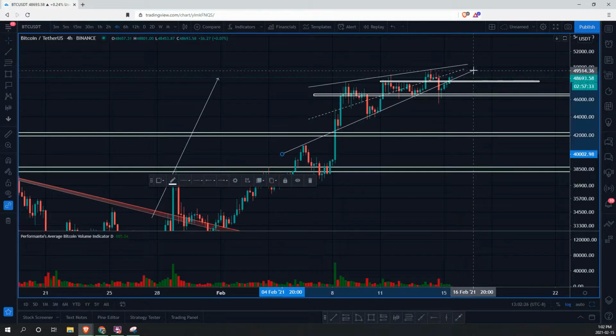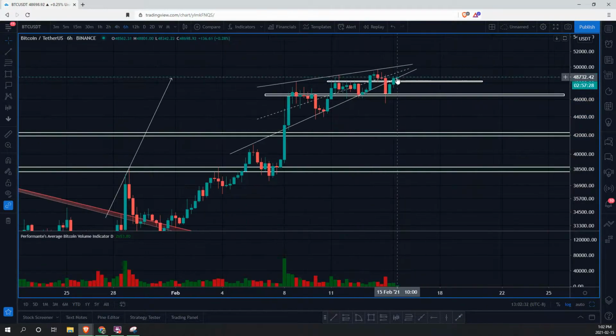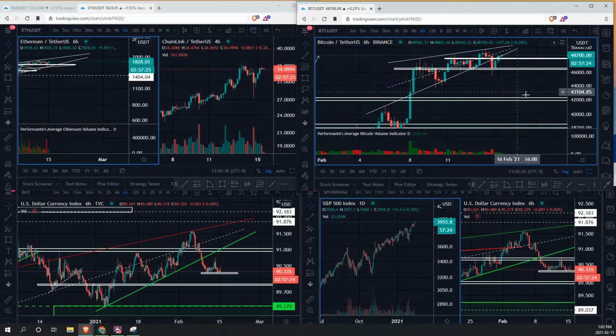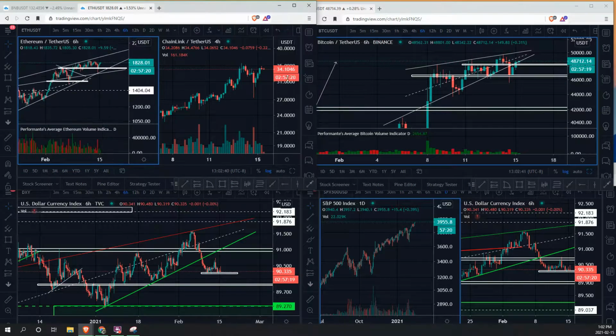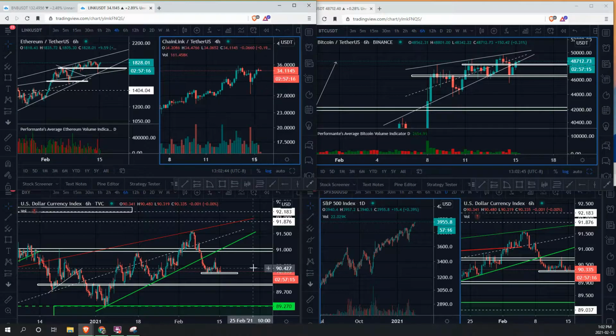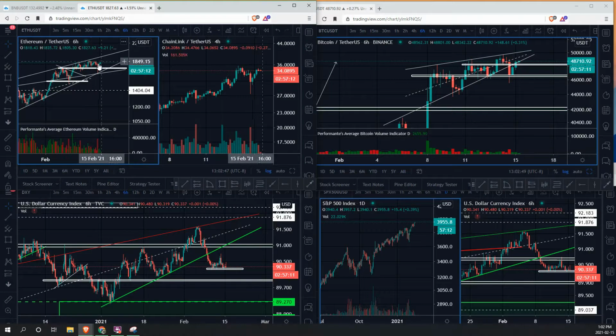We can just move that a little bit. The ideal goal would be to see it hold and move to the downside here. That would, for me, be the best situation as of right now, because then a lot of these alts might sell off a little bit, which would be, in my opinion, a good situation. But if it does start to move, we do have options on Ethereum like we talked about.